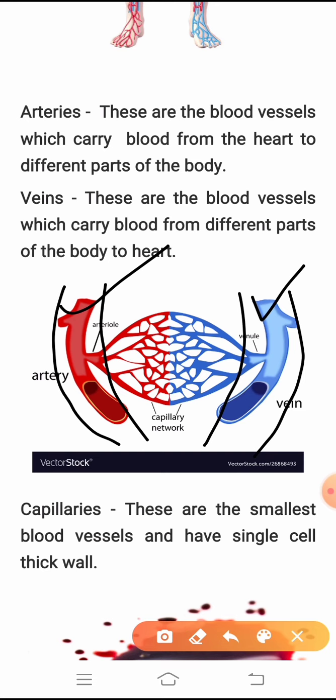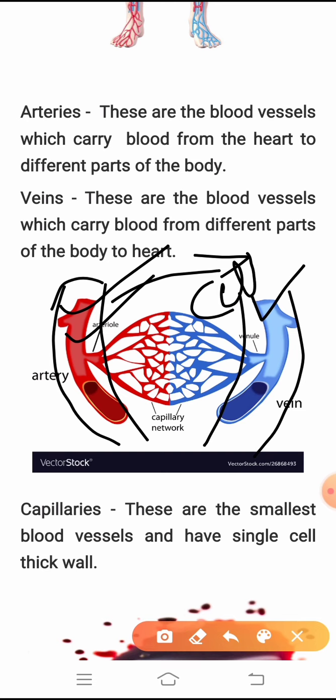Because the walls of the arteries are thick. As they are thick, they cannot directly come in contact with the tinier cells, right? So as a result, the arteries divide into smaller and smaller vessels. The reason they divide is that they have to bring the blood in contact with all the individual cells.